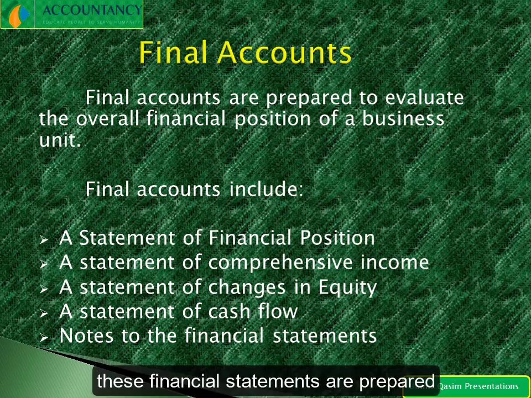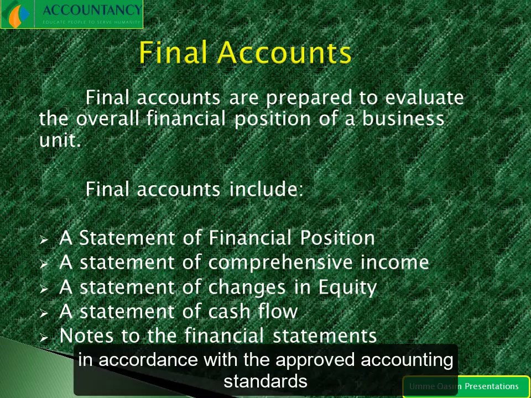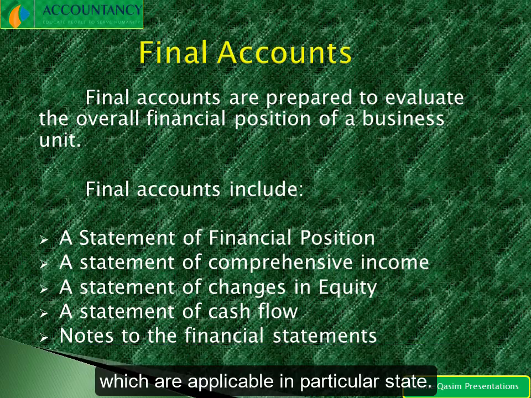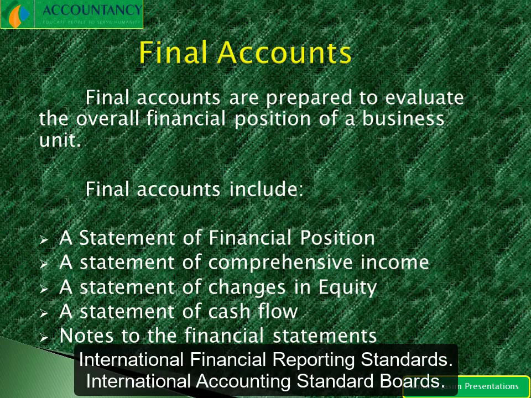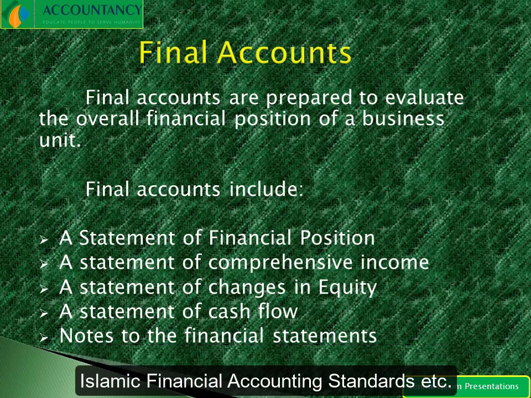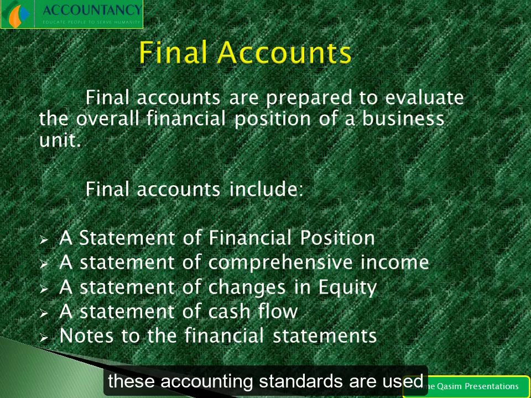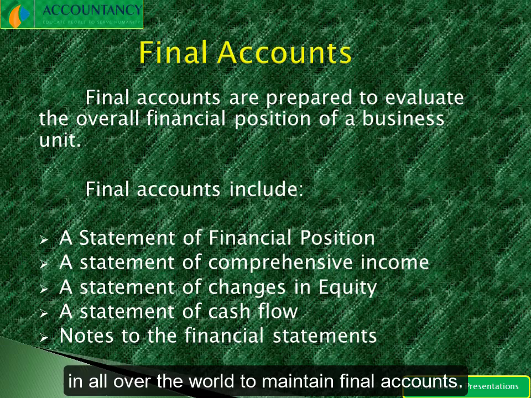These financial statements are prepared in accordance with the approved accounting standards which are applicable in the particular state. The major accounting standard bodies are International Financial Reporting Standards, International Accounting Standard Boards, Islamic Financial Accounting Standards, etc. These accounting standards are used in all over the world to maintain final accounts.